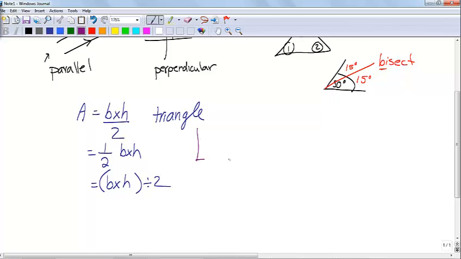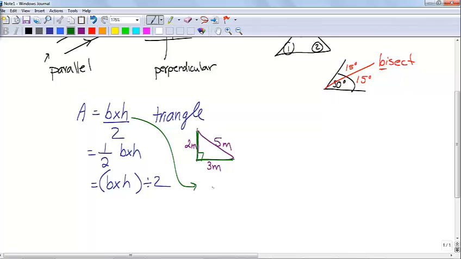If this is my triangle, and this is maybe 3 meters, this could be 2 meters, maybe this is 5 meters, right? In this particular example, if I was trying to find the area, this is the height, this is the base.